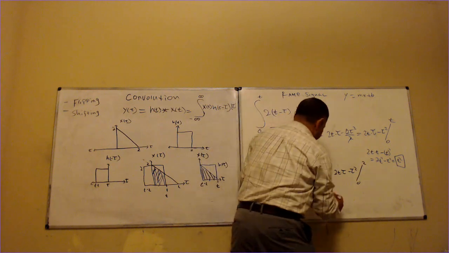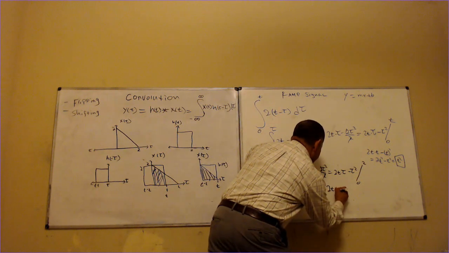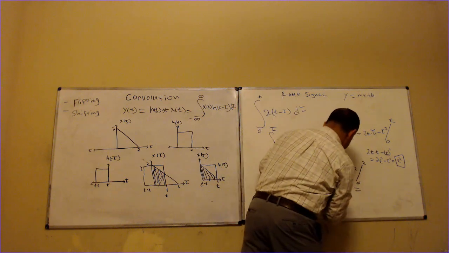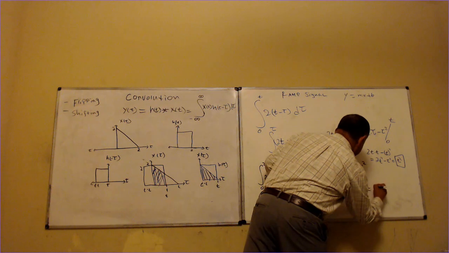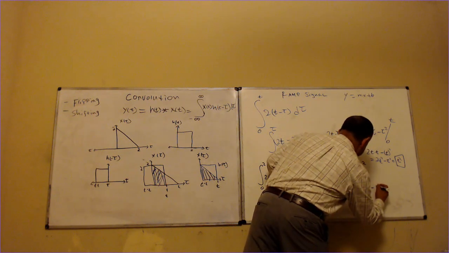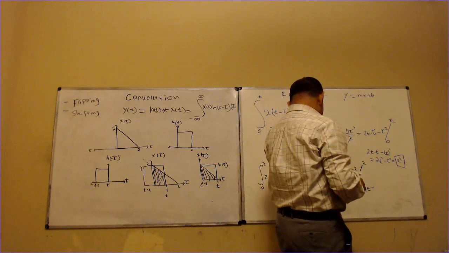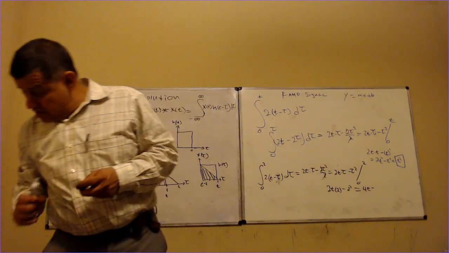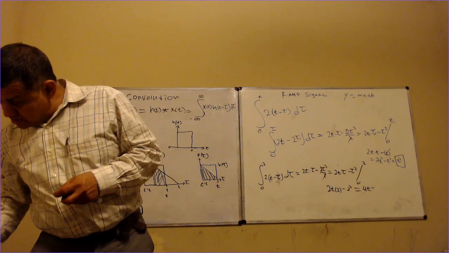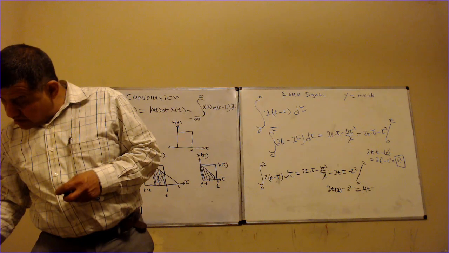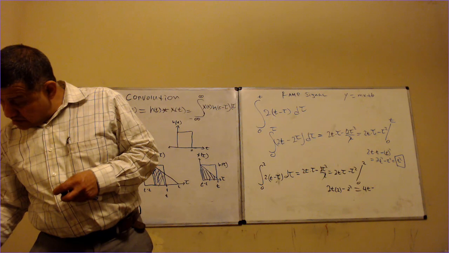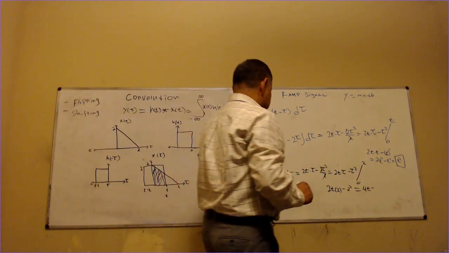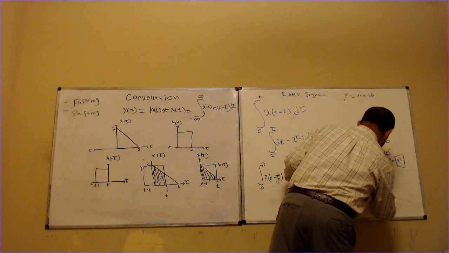But then if I apply 2, this becomes 2t, and then 2 right here minus 2 squared, and that becomes 4t minus 4. 4t minus 4, I believe. Let's see. 4t minus 4.